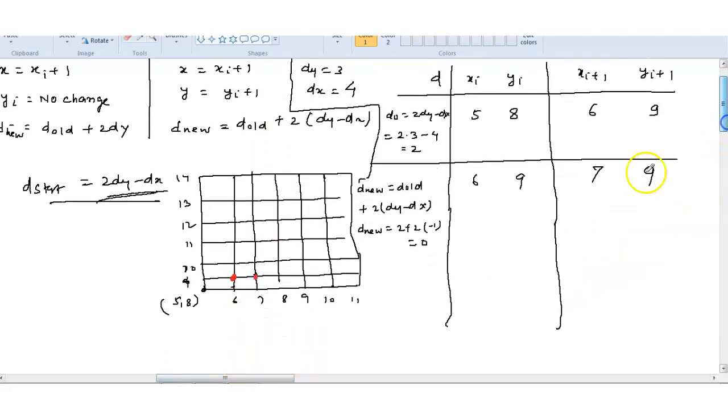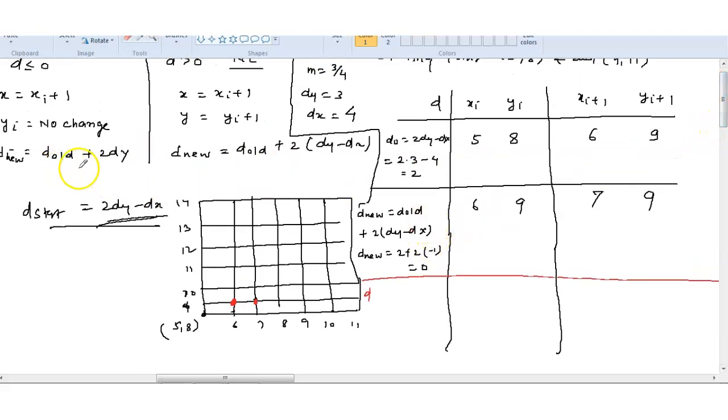Next is to update the d values. d old is 0 here, so d new is d old plus 2 dy, because we have to complete this iteration.